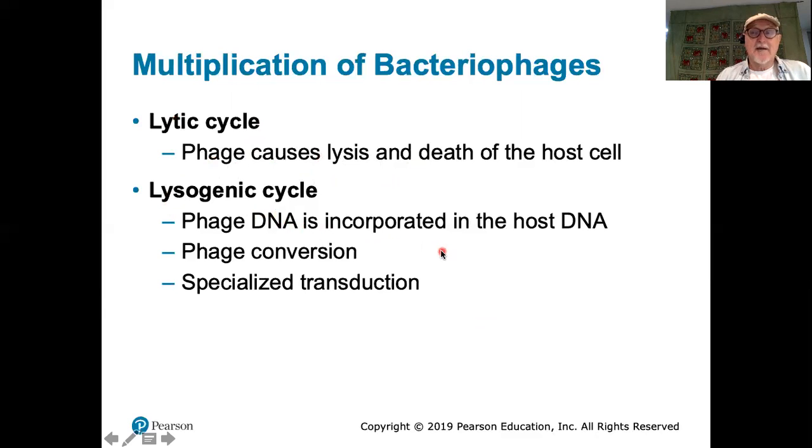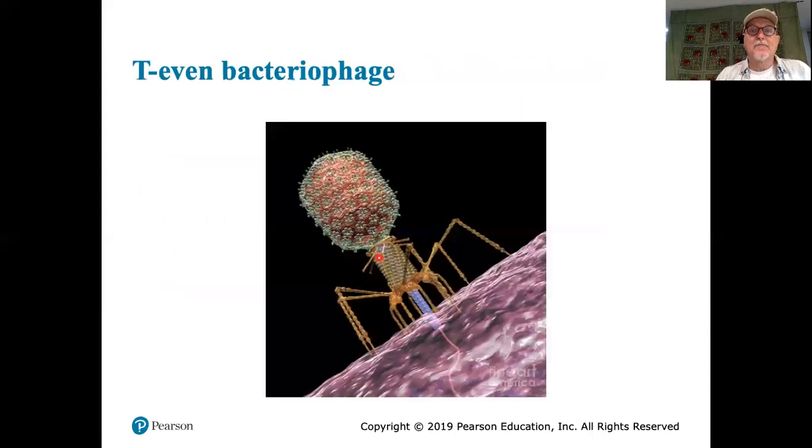In a lysogenic cycle, the phage genome becomes incorporated into the bacterial genome for a while, and it can last for a very long time. And then at some point or another, due to some stimulus or other, it will enter a specialized lytic phase, as we'll see in a minute.